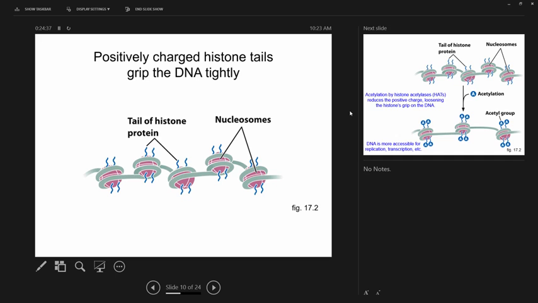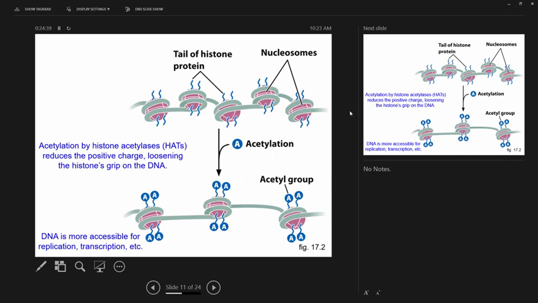The chromatin would be in a more closed conformation. All the histones, so H2A, H2B, H3, H4, all 4 kinds of histone proteins have the tails. So, under normal circumstances, the histone tails are positively charged, and so grip the DNA very tightly.